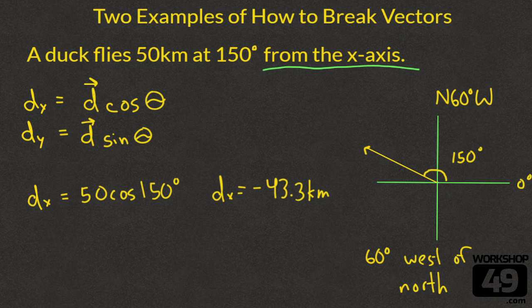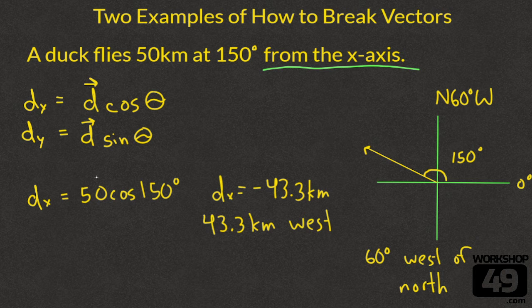But that's actually the really good power of solving components of vectors like this, because the negative just means going to the left. So we can write this broken vector as 43.3 kilometers west. The negative just means west. If this had worked out to be positive, we would know that it would be east.